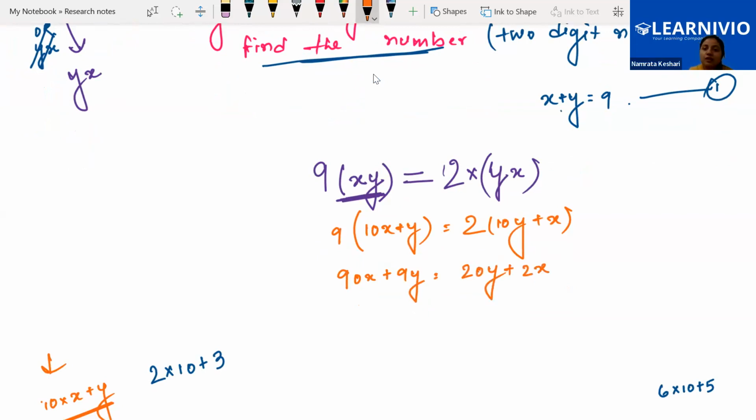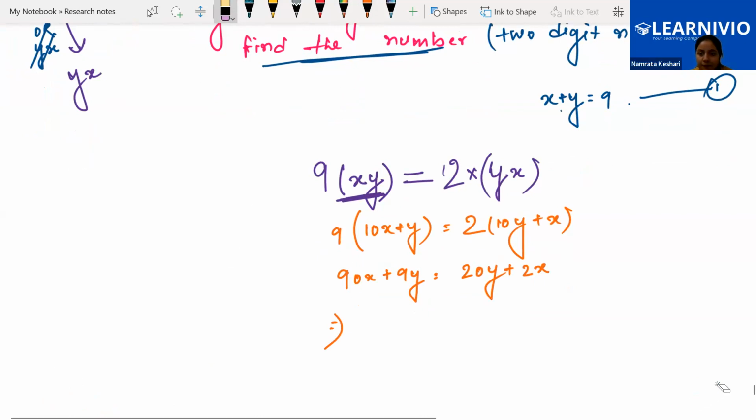So eventually our equation will become, can you tell me what our next equation will be, Arya? When we collect all the x with x, y with y, we can take 2x to the other side. So it will become 90x minus 2x, which equals 20y minus 9y.